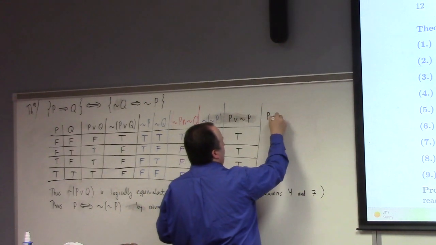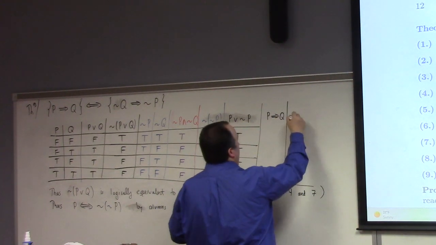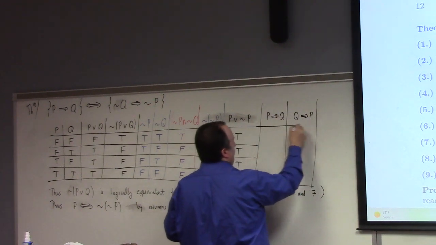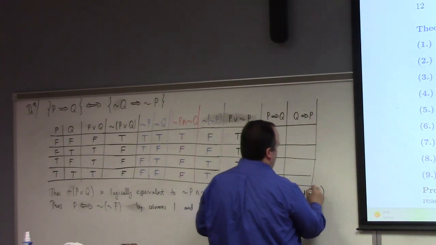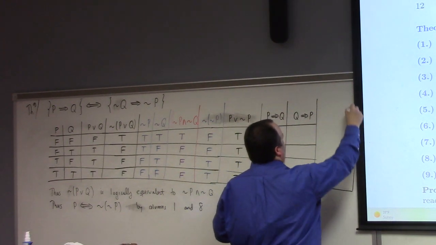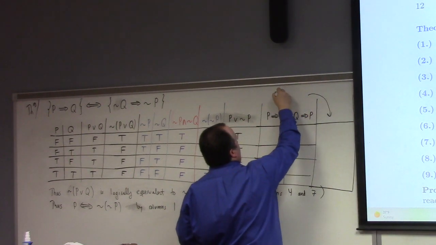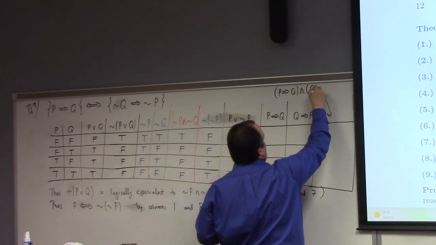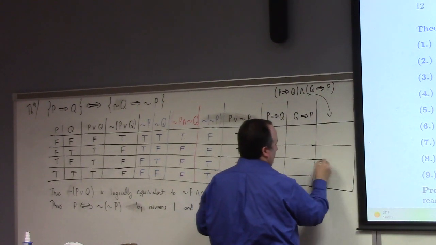One last story arc here for today. Suppose we have P implies Q. We also have Q implies P here. Right? And then my final column for today, I can't quite fit it in here. My bad, guys. But this one we're going to do P implies Q and Q implies P. That's going to go here.